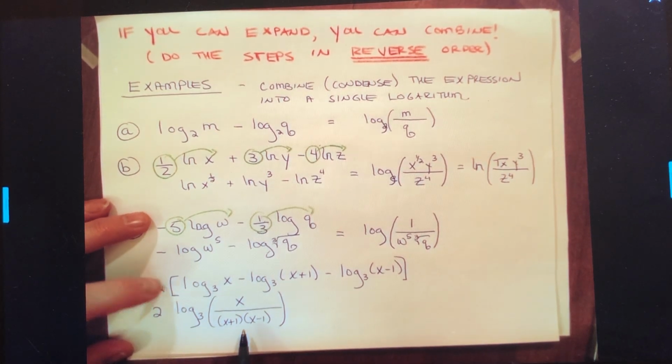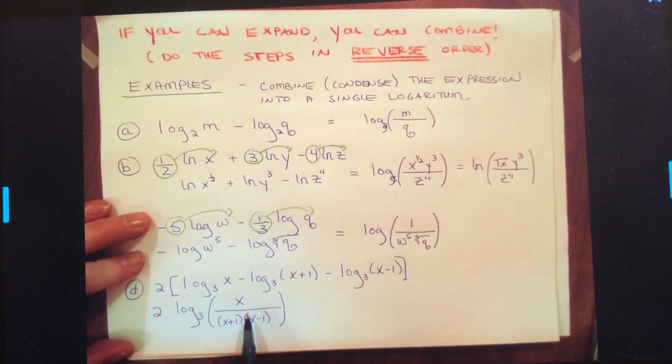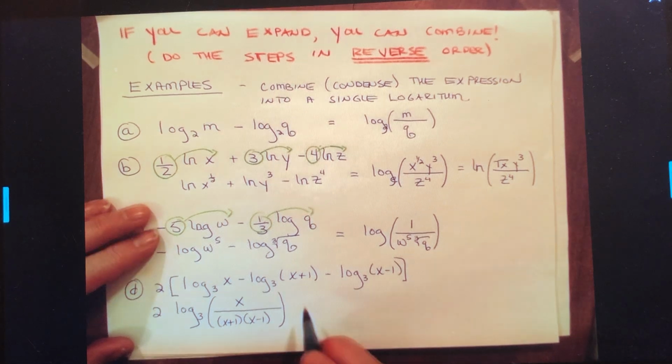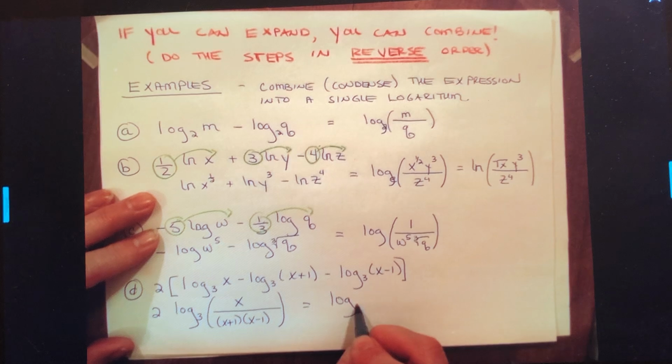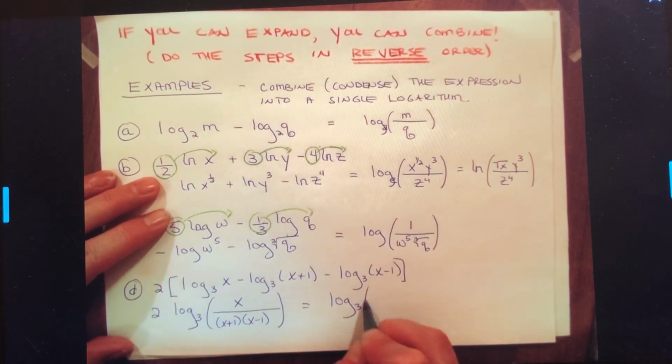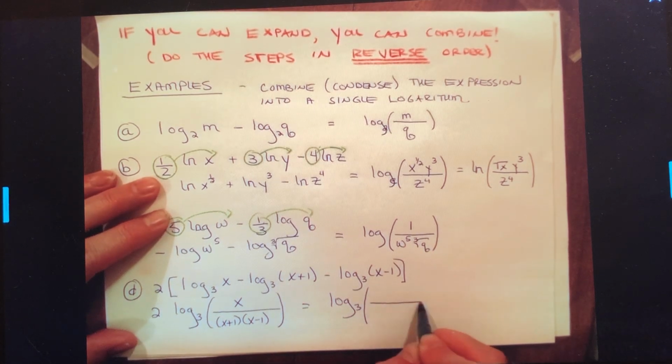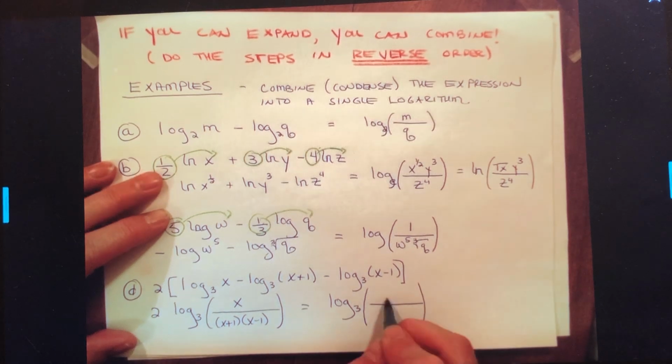Okay, now what's the best way to leave this? Well, again, remember, when we're combining, we don't like to see these multipliers out front. So now I can go ahead and take this 2 and pop it up top of that whole thing. So this is what that's going to look like. I have log base 3, and then I actually have my x.